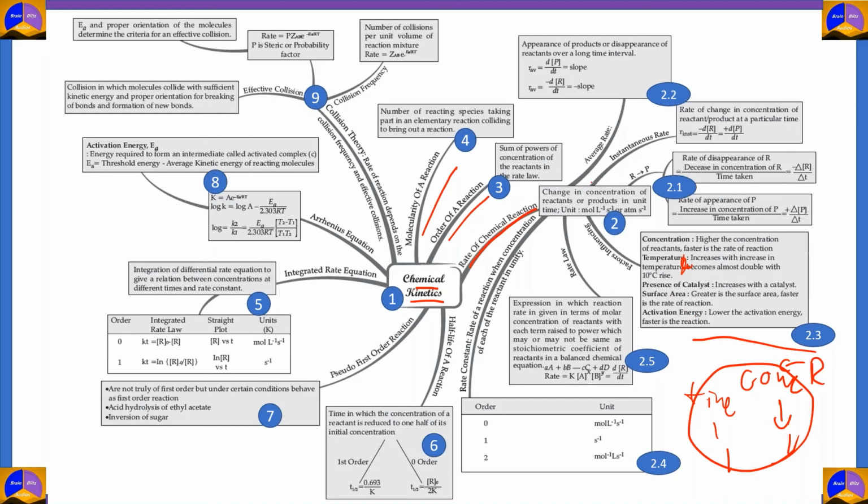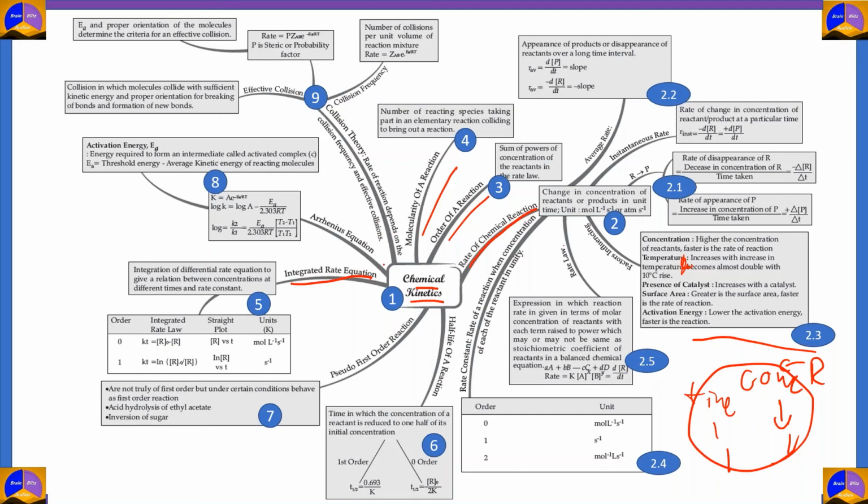So we found out the rate constant, and we used the rate constant to find out the integrated rate equations for a zero order and a first order reaction. We then moved on to the collision theory and Arrhenius equation. So this is another way of representing the rate of a chemical reaction.